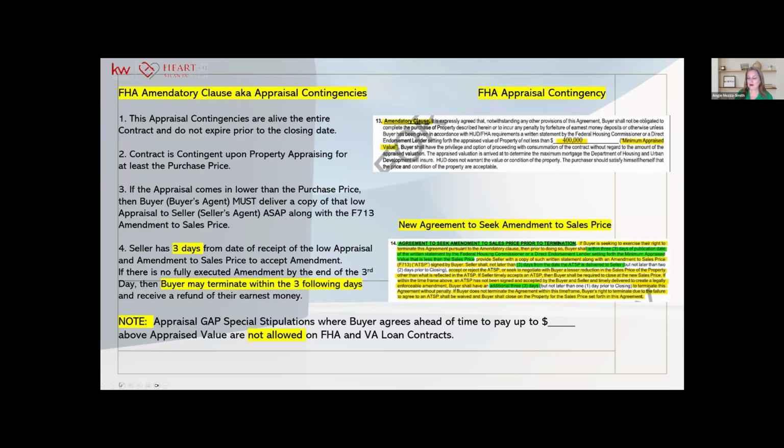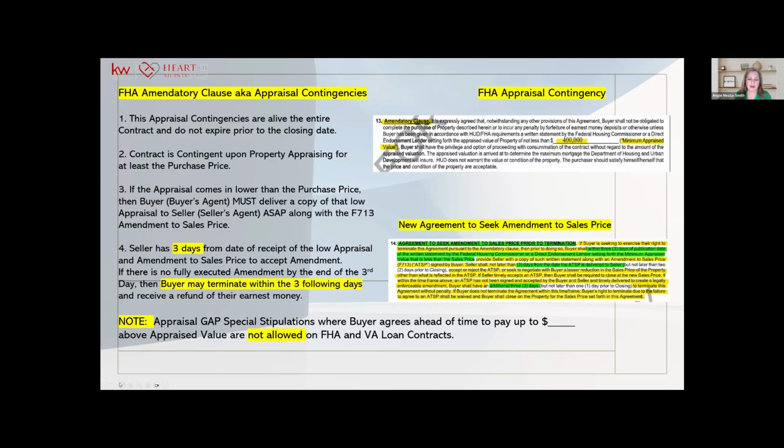So what they've done here in paragraph 14 is they've created a requirement that is basically identical to the requirement in the conventional appraisal contingency, which requires that the buyer send the amendment to the sales price, the F713, same exact form, along with a copy of the low appraisal, and give the seller that same 3-day period to agree or not, or to try and negotiate or not, a reduction in the sales price and what that particular amount will be.